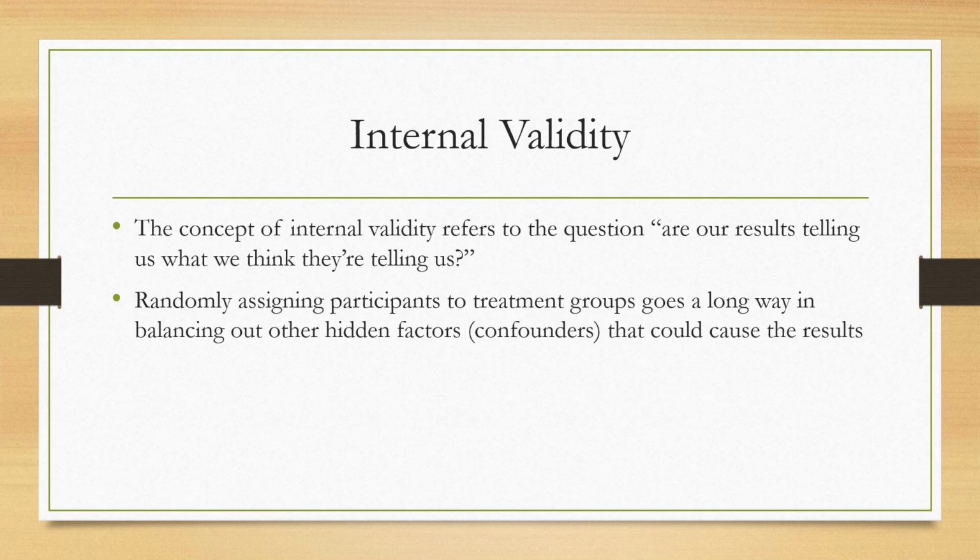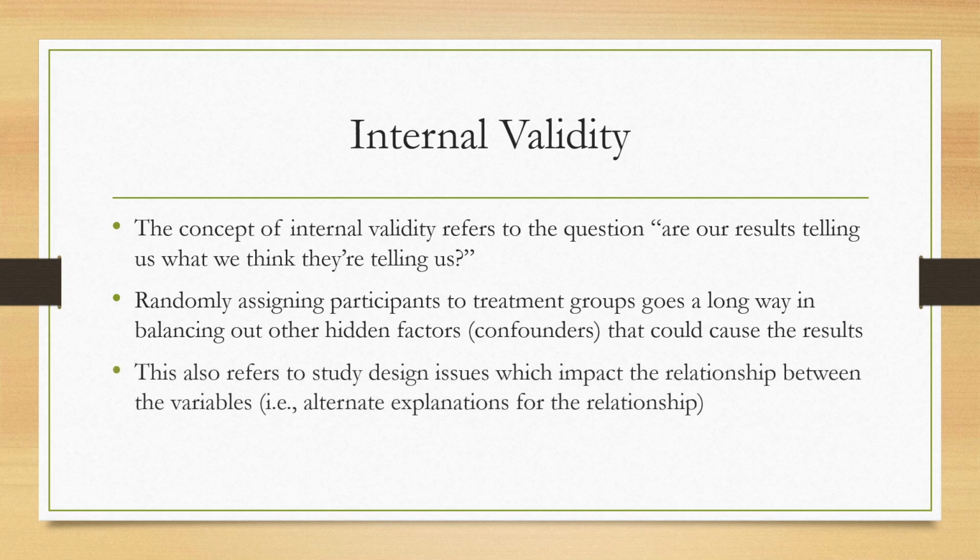And the big alternate explanation it alleviates is the explanation that perhaps the groups are somehow different than one another. So the group that got the treatment wasn't better because of the treatment. It was better just because it was a better group to start with. And random assignment alleviates that. Now, as before, while random assignment is a big component in establishing internal validity, it's certainly not the only component.